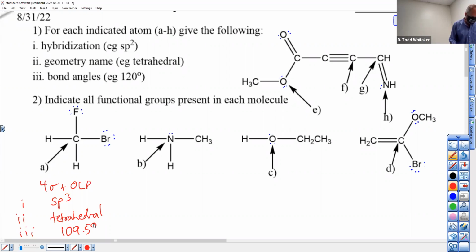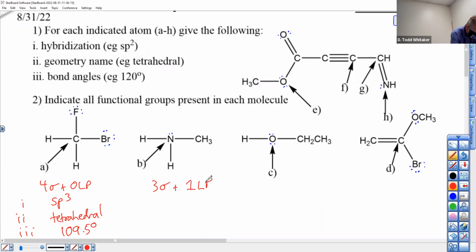Now the geometry name changes when one of those things is a lone pair. Because we don't see the lone pair, but we do see the effect of it because it repels electrons. Otherwise, things would be flat when they're not. This one's not flat. All right, what do we got? We have 3 sigma plus 1 lone pair.